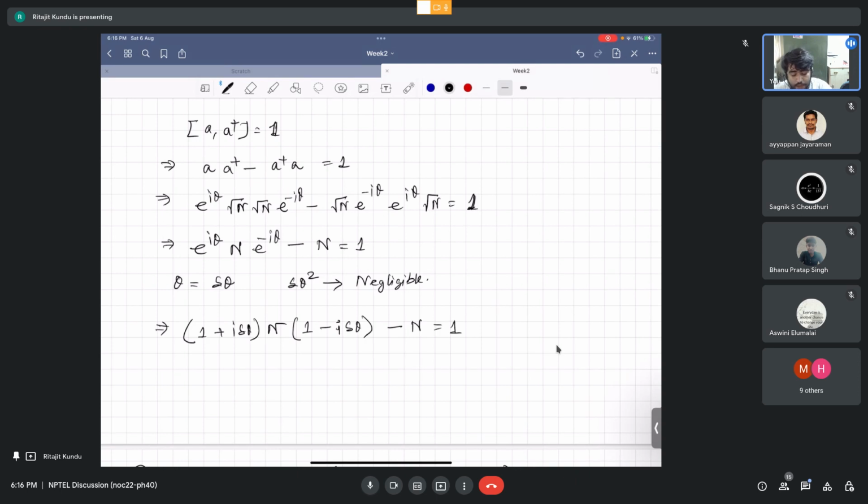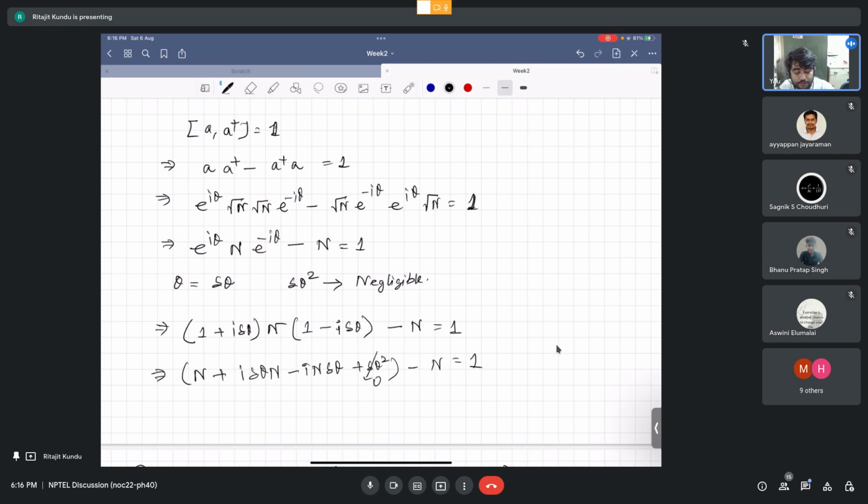Now I can just simplify this parenthesis. So this will give me n plus i delta theta n minus i n delta theta, and there will additionally be a delta theta squared term, which we are ignoring for now.